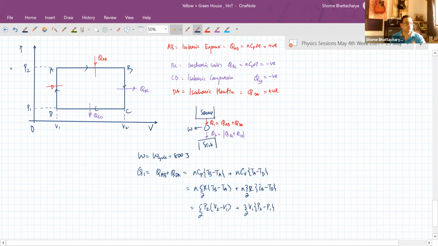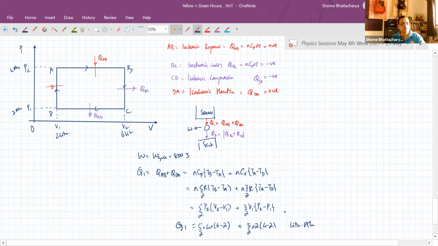Okay. So this was 4 atmosphere, this was 2 atmosphere, this was, how much was this now? 2 liters. This was 6 liters. This is in liter atmosphere.